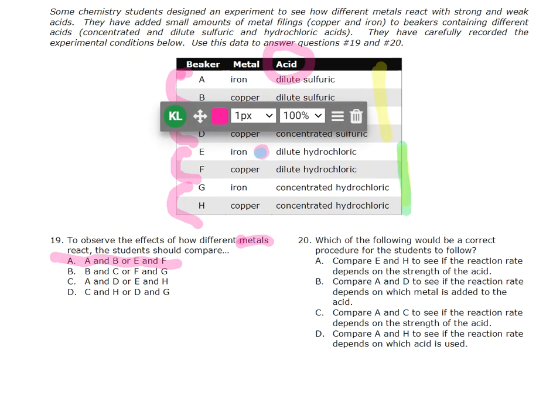E is iron and H is copper. So while one is dilute hydrochloric and the other is concentrated hydrochloric, that's not going to work for us.